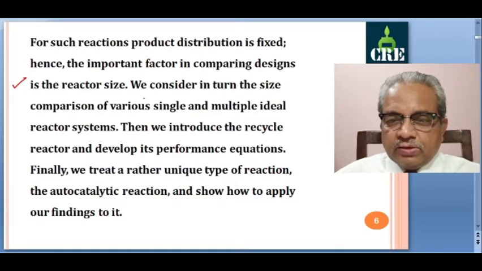So size comparison, whether it is single reactor or if you consider multiple ideal reactors, then total volume as compared to the single reactor. Then we introduce the recycle reactor and develop its performance equations. And finally, we treat unique type of reaction, that is autocatalytic reaction, which we have studied in chapter 3, kinetics already studied, and show how to apply our findings to it.